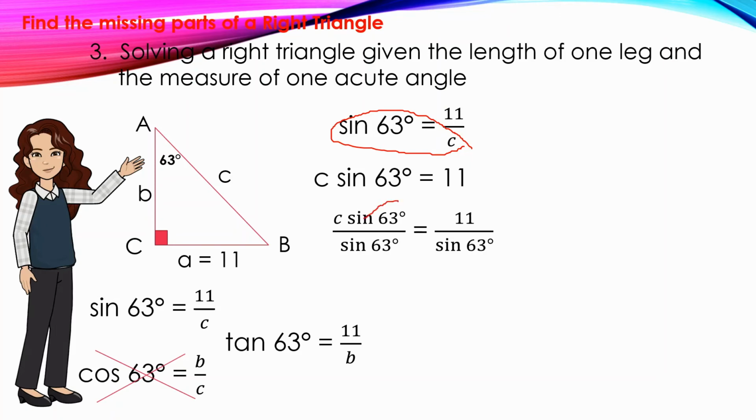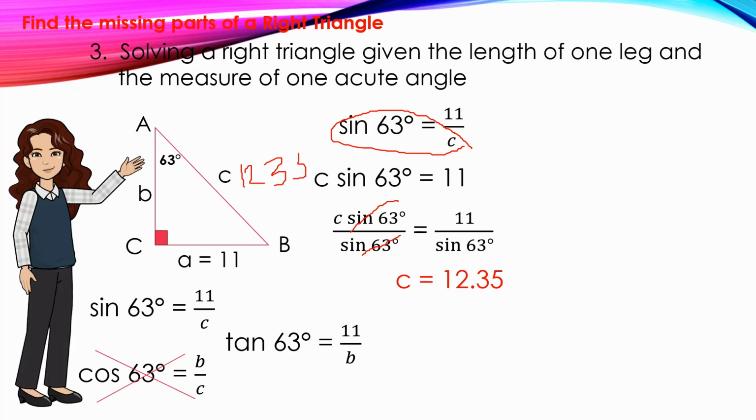We're going to cancel the sine 63. Then C is equal to, you need to press 11 divided by sine 63 equals, so you got 12.35 units. So C is equal to 12.35 units.